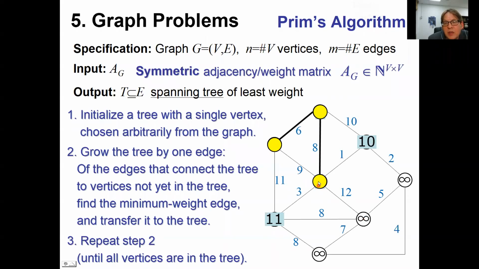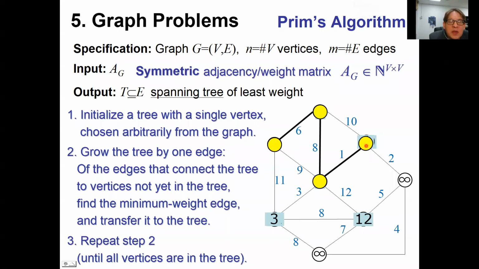Now it is reachable at distance 12. And also, right, this vertex is also updated. Previously at distance 11, but since this vertex was added, it now receives distance 3. Okay, that's all. Next round, again, pick the vertex which is closest to the tree, which is this one.